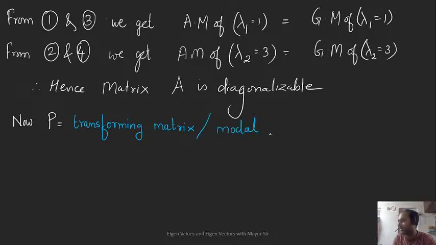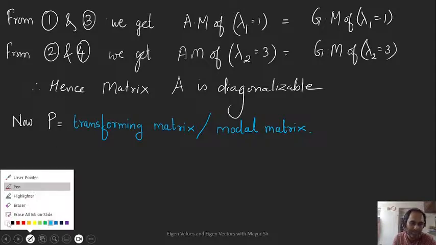Also remember, I have given the notation P. Some people like to give notation M for modal matrix, but what I have given is standard across the globe. M is also used in some places. You just have to be flexible with the notation, because some people use M, some people use P. I use P over here. So P is the modal matrix.